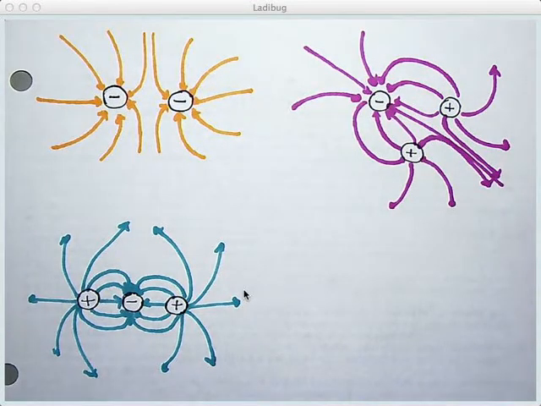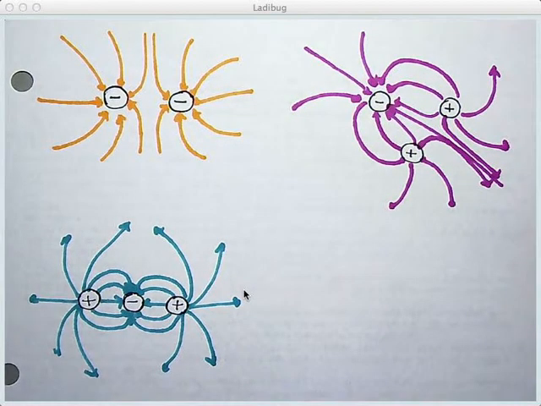Okay. On number 2, ignore that middle line. We've decided that doesn't need to be there. On number 2, you have two lines coming from the negative and positive, but I only drew one.